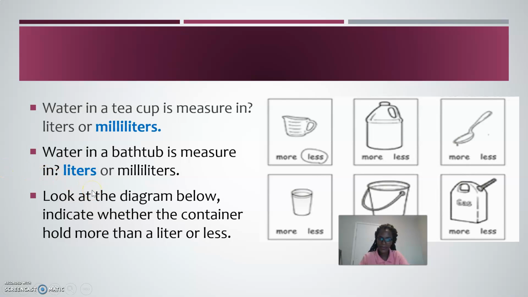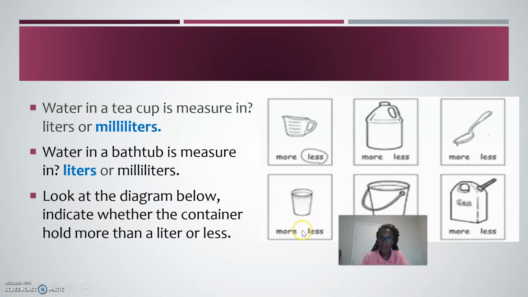Now, if you guys were here, I'd ask you to look at this diagram on the right and tell me whether you think each container can hold less than a liter or more than a liter. So like this measuring cup here, by looking at it, it would hold less than a liter. This container here looks like it would hold more than a liter. Then you have a spoon. A spoon is going to hold less than a liter. And then there's a glass.